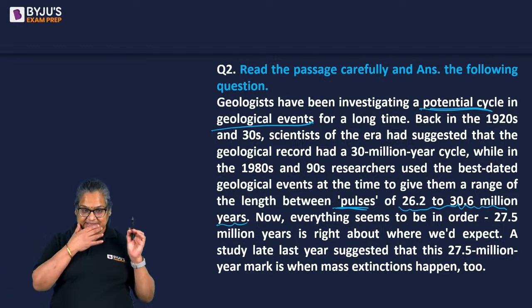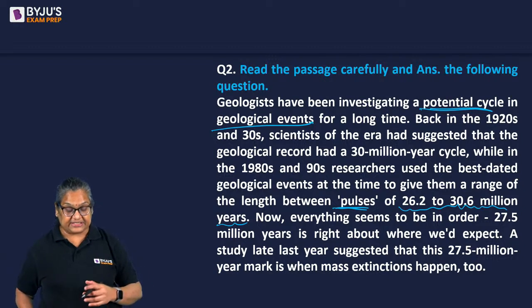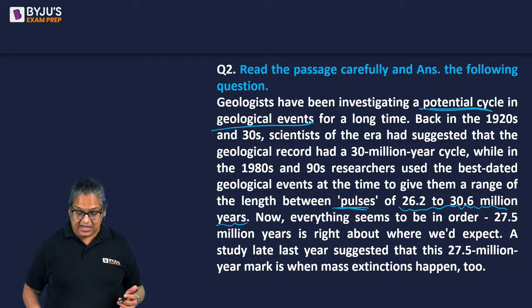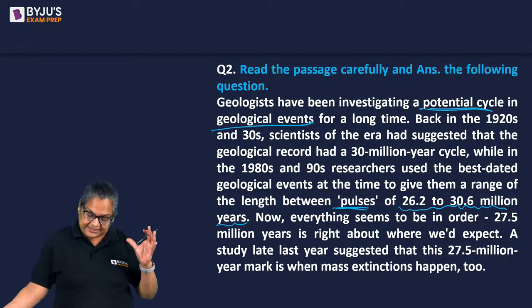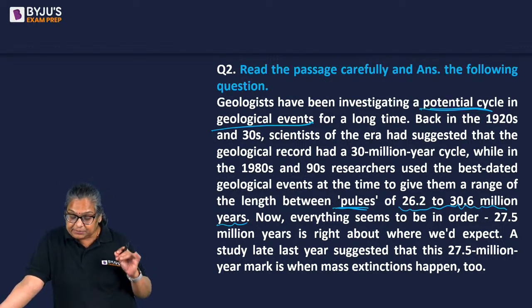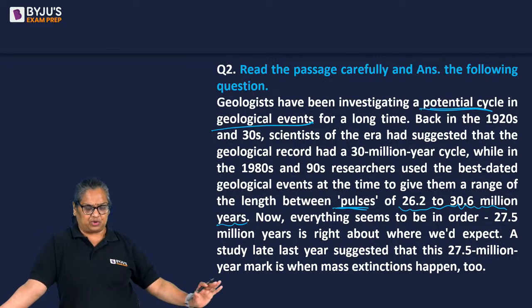Is there a cycle? Is there a pulse? So one particular era of scientists said it's a 30 million year cycle. Another, the more recent 1980s and 90s, said the range is between pulses of 26.2 to 30.6 million years. Now everything seems to be in order.